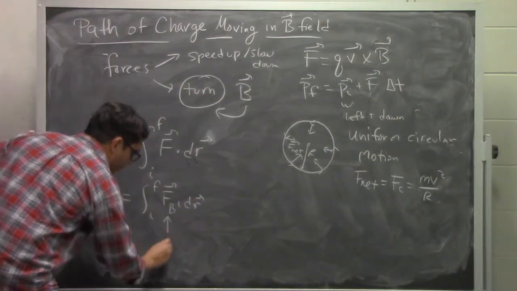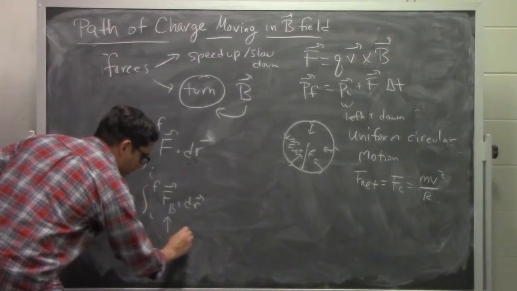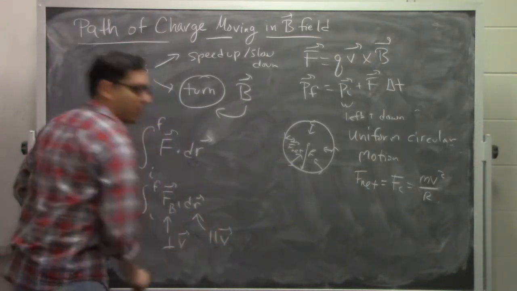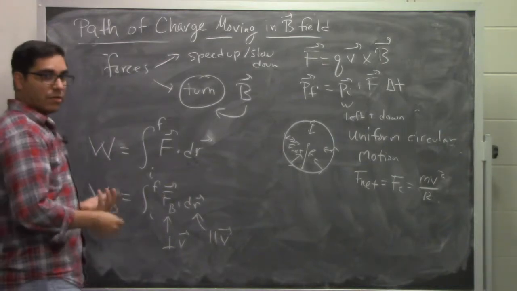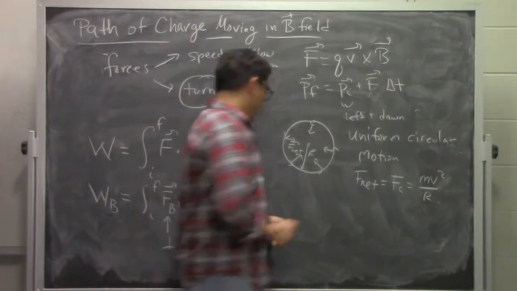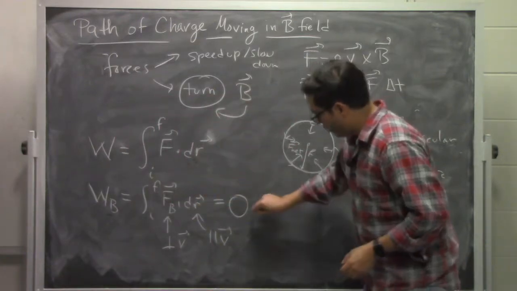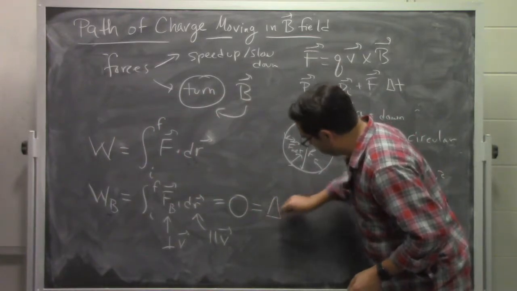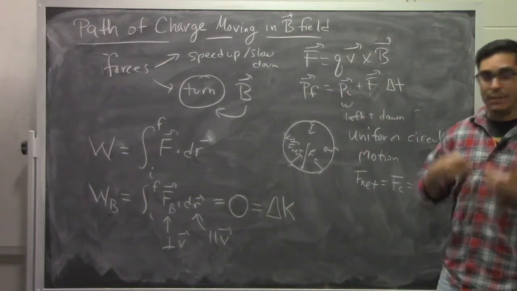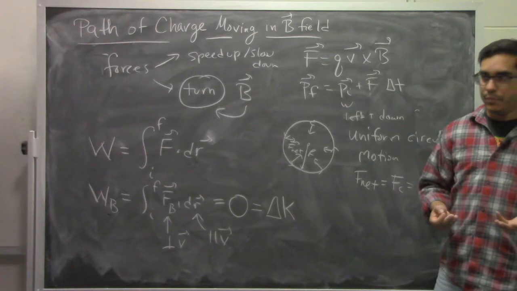Well, the force is always perpendicular to the velocity vector, and the displacement is always parallel to the velocity vector. So their dot product is always going to be 0 for every step that we take. That means that the work done by the magnetic field, or the other side of this energy equation, the change in the particle's kinetic energy, is 0.